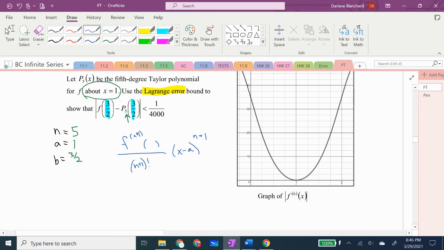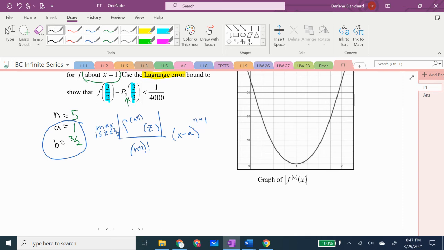So I see a 5, I'm going to throw in a 6. And I don't get to find the derivative at the center. I need to look at the largest it can be while its input is somewhere between the a and the b. So I am wanting to find the maximum while this is between 1 and 3/2.